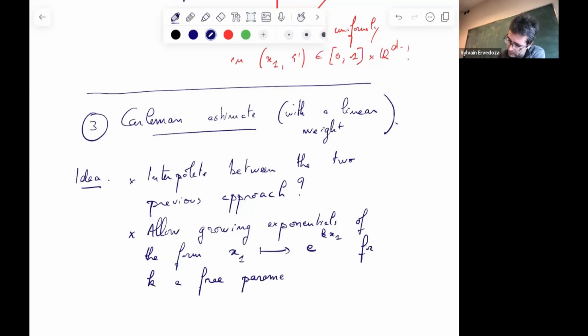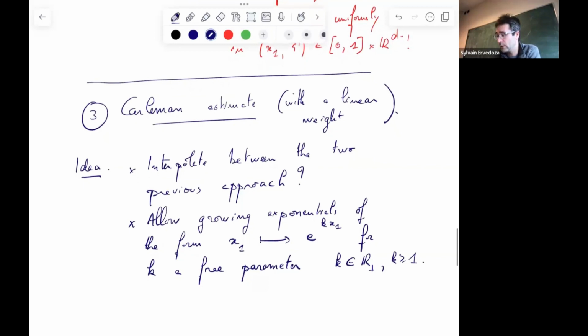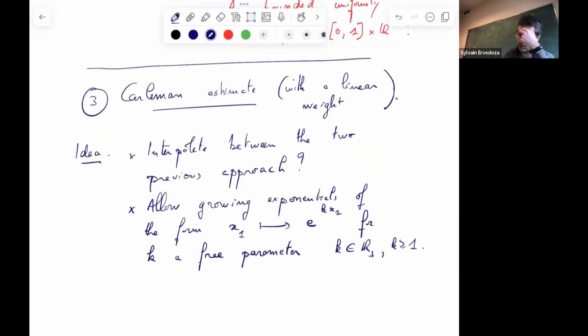So let's say that k will be in R plus, and maybe k larger than 1, because at the end, I want to allow this parameter k to be large. I mean, otherwise comparing to exponential kx1 is like comparing to a constant if k is small.